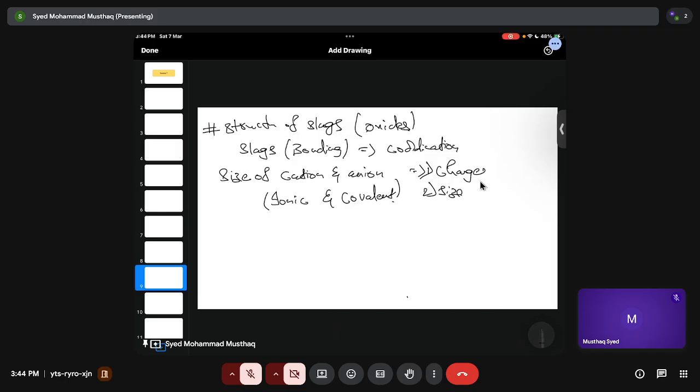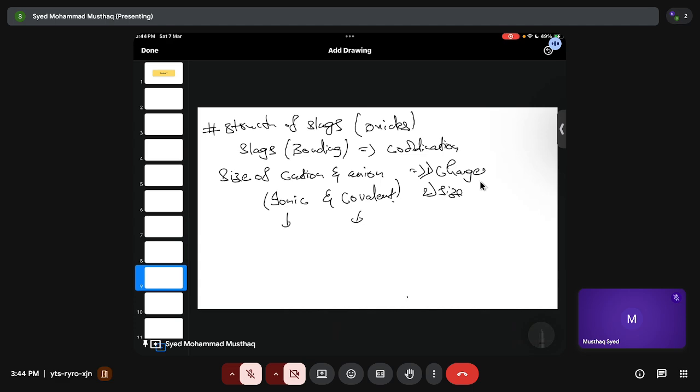Now, if I have a big charge on my element, then my covalent character will increase. Why? Because there will be a lot of electrostatic attraction between the cation and the anion. So if I have a small charge, then my ionic nature will increase. So whatever compound you take, it cannot have 100% ionic or 100% covalent. It contains some percent of ionic nature and some percent of covalent nature. Maybe like 92% ionic. So still you will find some covalent or some ionic nature residual in your bonding.